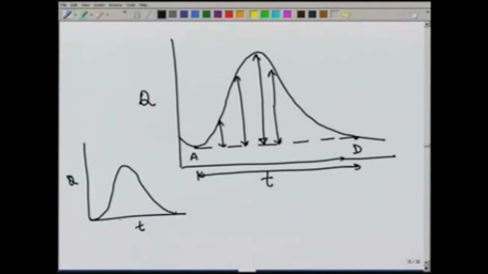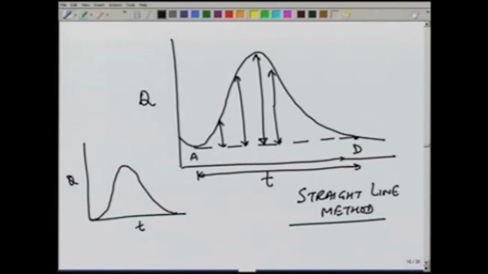Time base of course will remain the same for all the methods, because the points A and D we have already fixed. So, this method, which is known as the straight line method, is the simplest, but there are some drawbacks to this method.